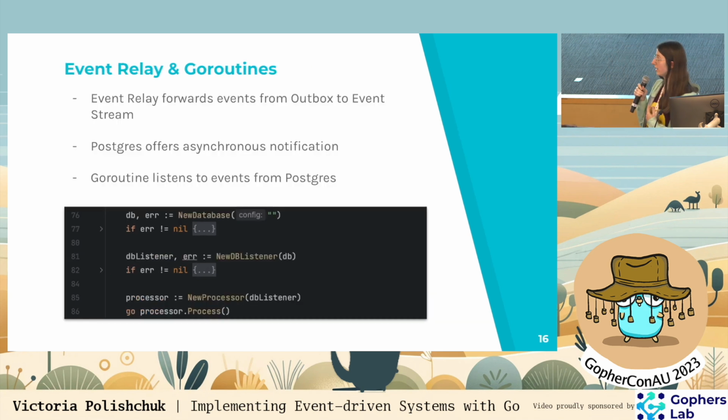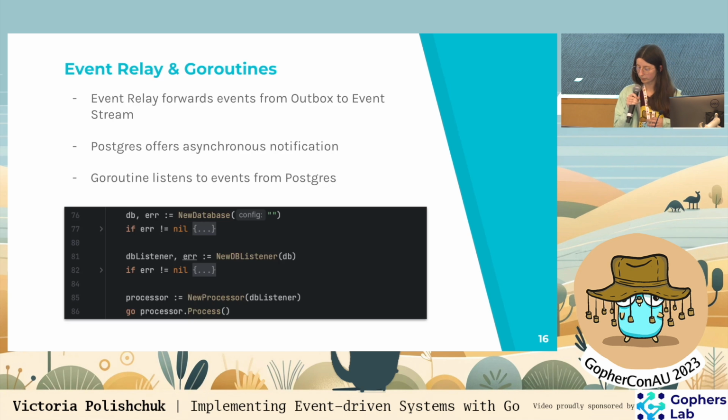Let's talk about an event relay. Event relay is an application we can build with Go, and it will forward events from the outbox table that stores events into our middleware. In this case, it is an event stream.